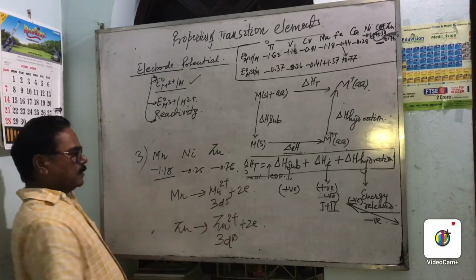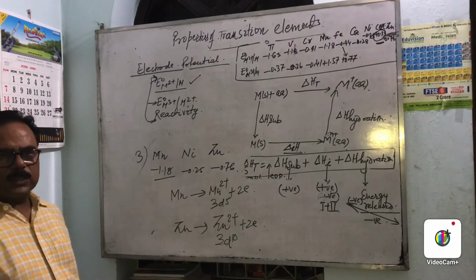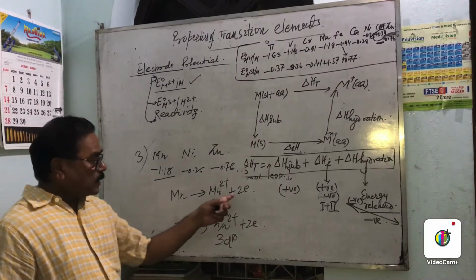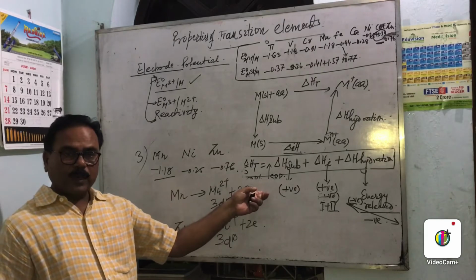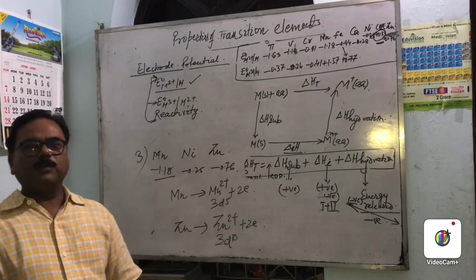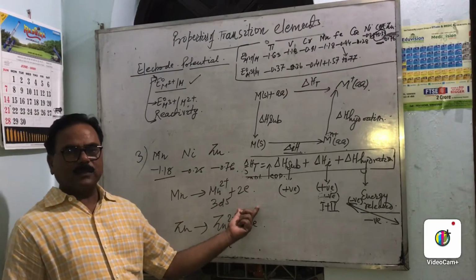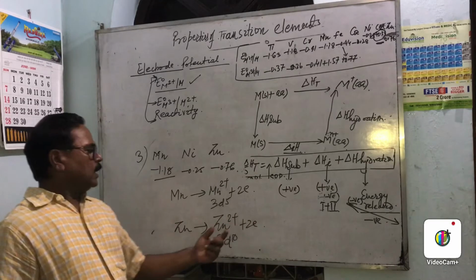So these two have more tendency to lose electrons, meaning the SOP will be more and the SRP will be less. Its SRP is the standard reduction potential.